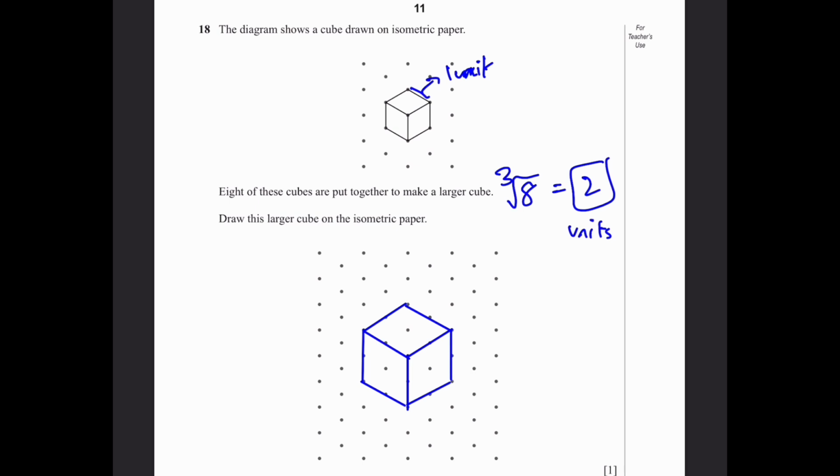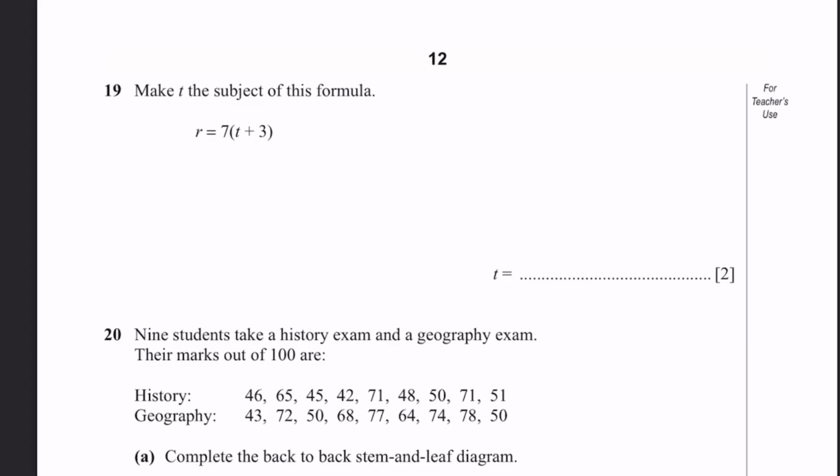All we need to do is separate this so all the cubes are visible. So there's 1, 2, 3, 4 sides. And now we can draw like this. So here there's 1, 2, 3, 4, 5, 6, 7, and 1 is hidden by the full thing. So that's 8 cubes.